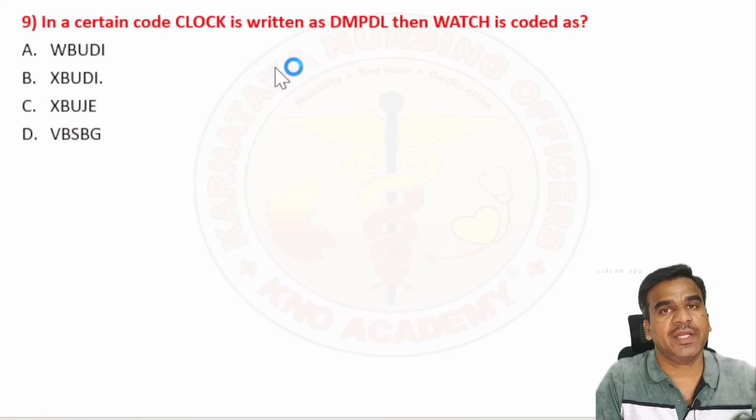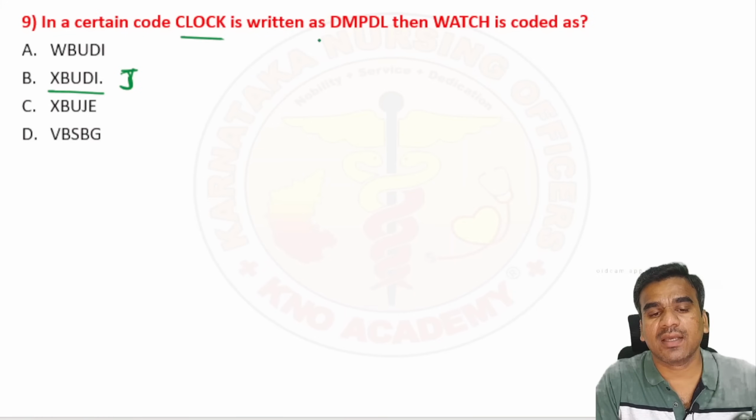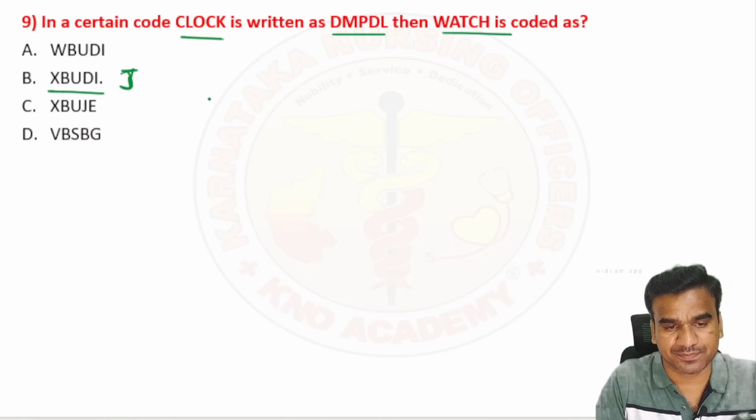So, coding and decoding in a certain code. This is the answer people told, but instead of I, they gave J. Maybe it was a typing mistake. This is very easy. Clock is written as DMPDL, and then watch is coded as what? I'll show how to solve this question. Clock: after C, D has come.